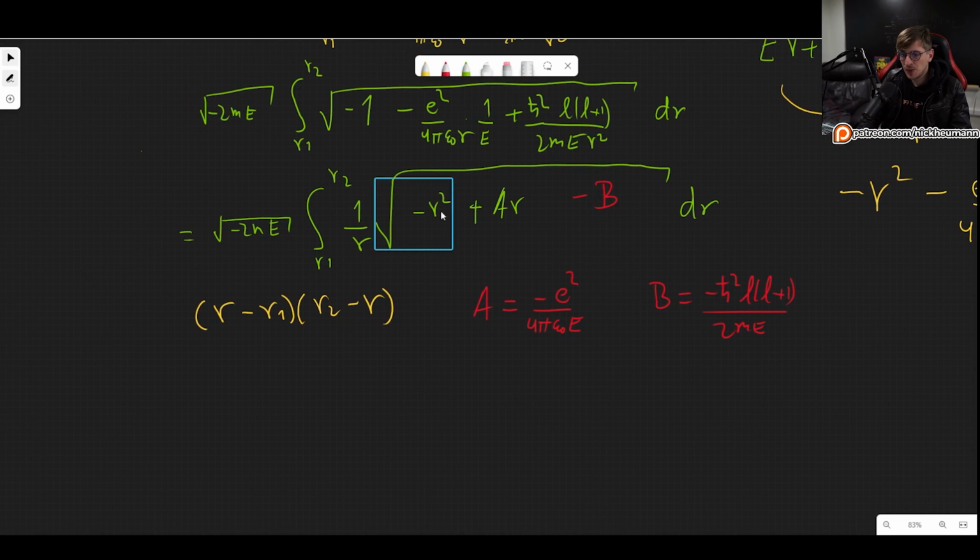Okay, now we want to find the roots of this. So what is R1? What is R2? Well, R1 and R2 will both be defined by the quadratic formula, which is minus this part, so minus a plus or minus the square root of a squared minus 4 times a and c, but c is minus b. So we get 4 times negative, so it's still negative, and 4b.